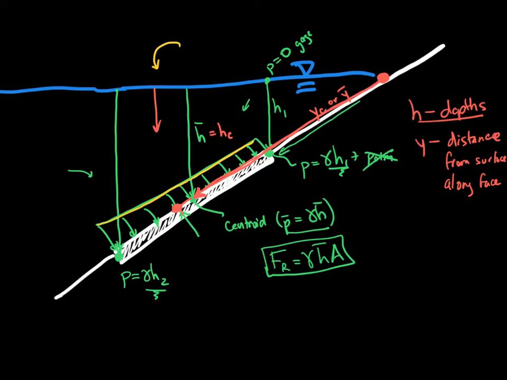That total distance from here to here is YP or YCP, depending on which book you use. That's a little bit complicated, right? There's a lot of stuff going on here.